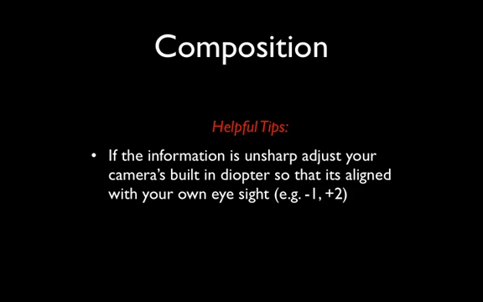So, you may have glasses that are a -1 or +2. Well, by moving that slider along, it's achieving a similar result. So the information displayed will be a lot sharper, a lot easier to read. Very, very important. Now, if you didn't know any of that stuff about the information in the viewfinder, you'll find those last few tips very, very helpful, I'm sure.